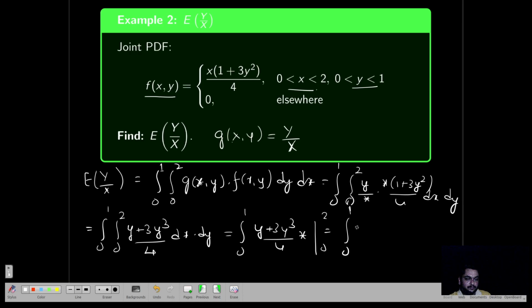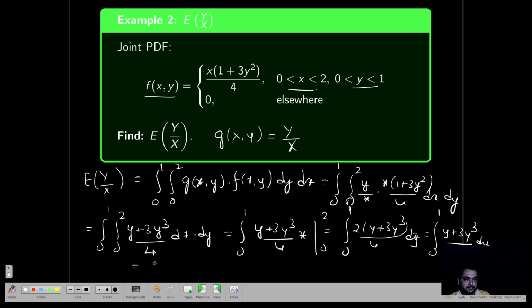So we put the value of 2. So it will be 2 into (y plus 3y cube) divided by 4 into dy. This is equal to the integral from 0 to 1 of (y plus 3y cube) divided by 2 dy.